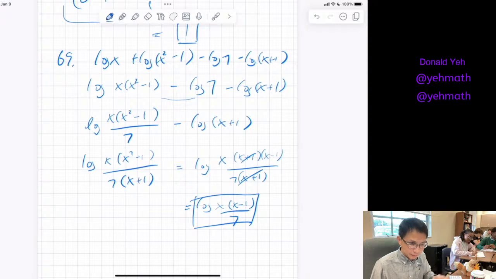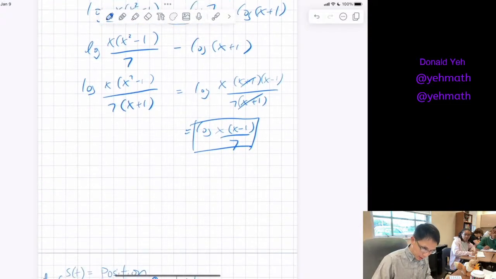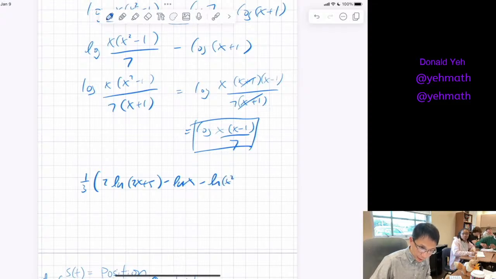67. It's 1/3 of 2 natural log of x plus 5 minus natural log of x minus natural log of x squared minus 4. Now I'm going to do inside first.